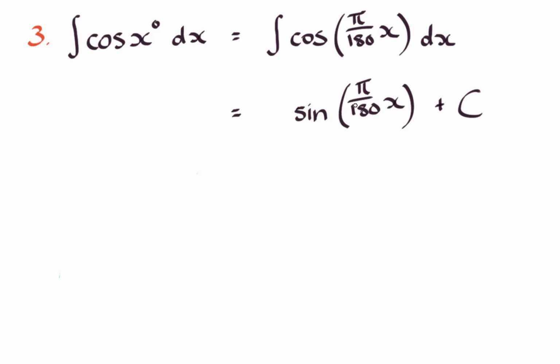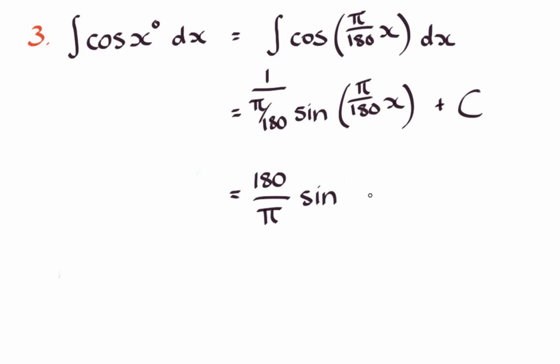We need to compensate for that. So we need 1 over this pi on 180. But fractions within fractions is never very nice. So when we have 1 over a fraction, that means we can just flip the fraction that we see. So 180 over pi is a nicer way to put it.